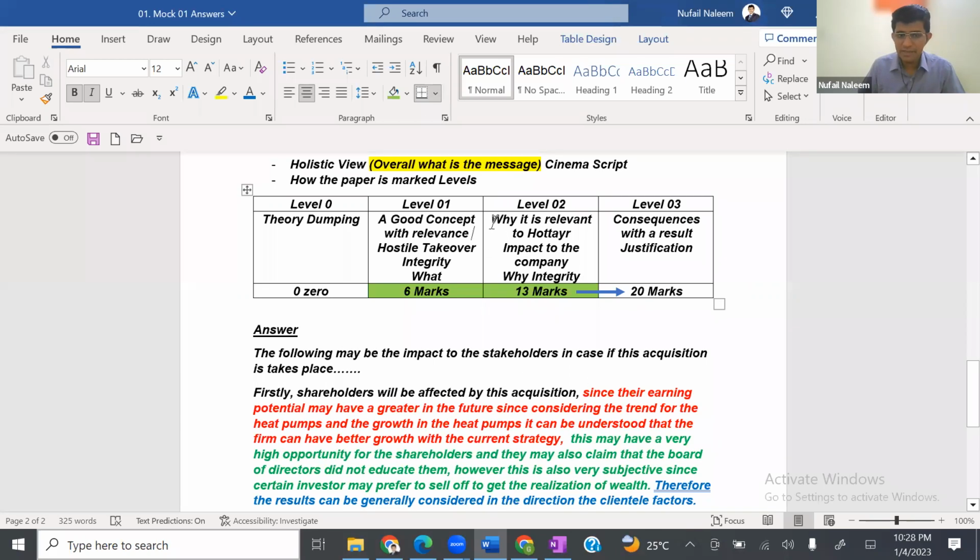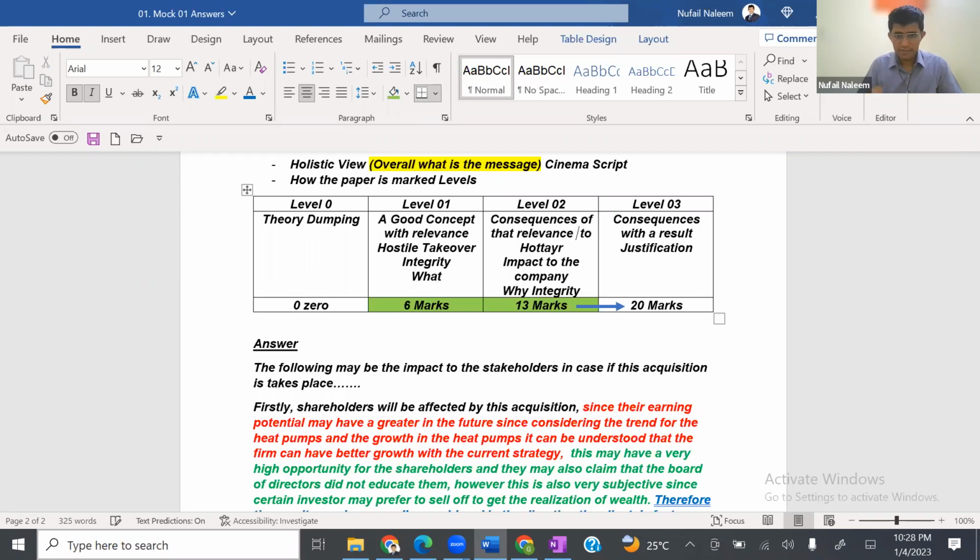And in simple language, here I can just write down consequences of that relevance. And the last one, I can just say results of the consequences. Students, are you understanding that?